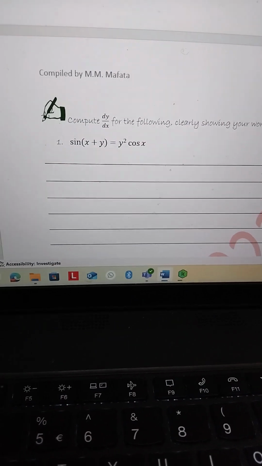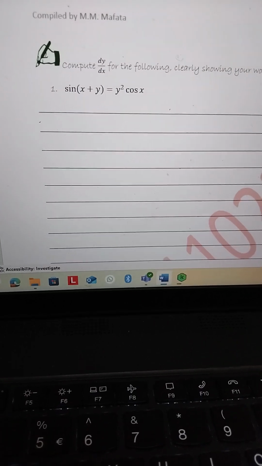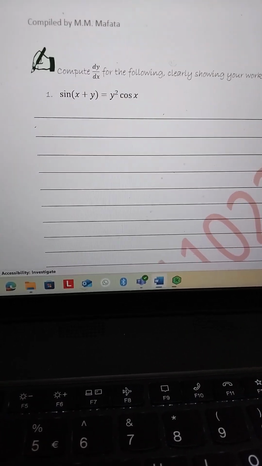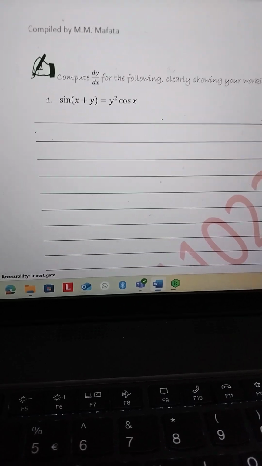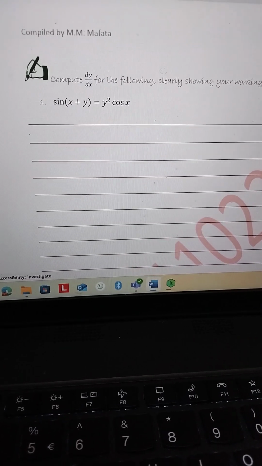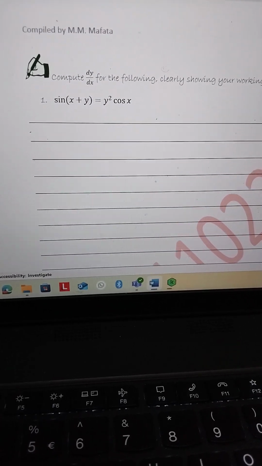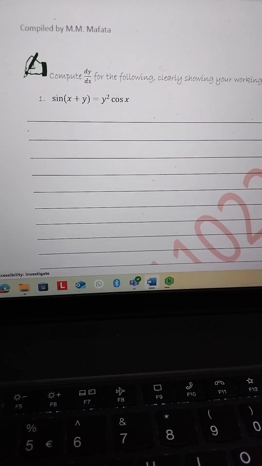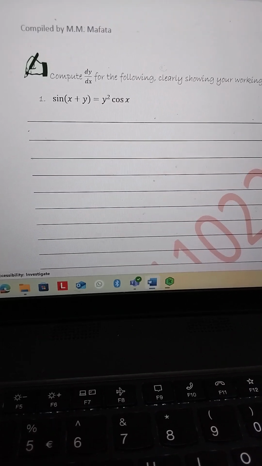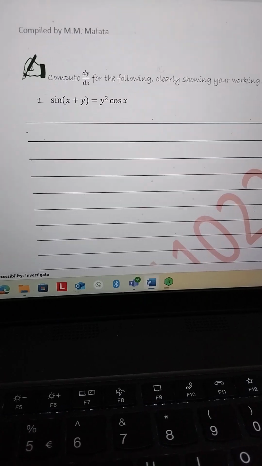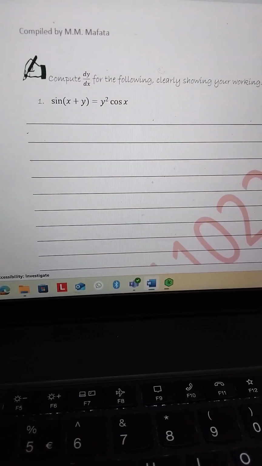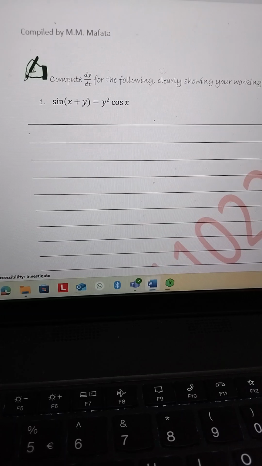So what we're going to do here is to try and, on our own, find the derivative of this function, and we shall go through it together. You are free to pause right here and try to do this problem on your own. Afterwards we can continue with the video and check if you got the steps right. All right, see you in a minute.